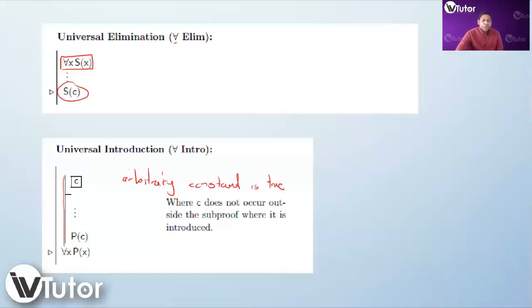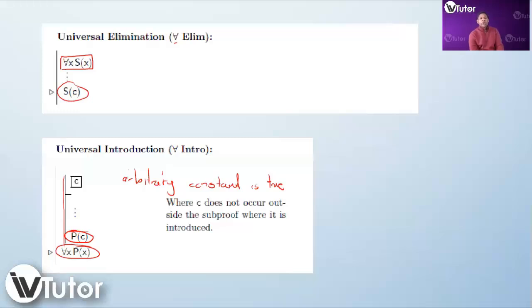So, given that C, an arbitrary constant, is true, that is what we are talking about. If you were to assume some arbitrary constant and you are able to prove a predicate with respect to C, then it is true for all existing elements in the domain.